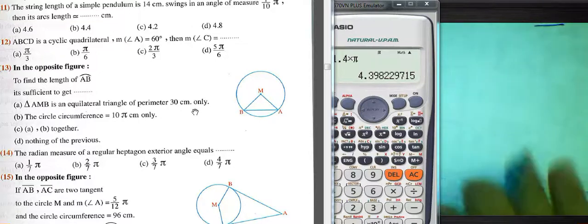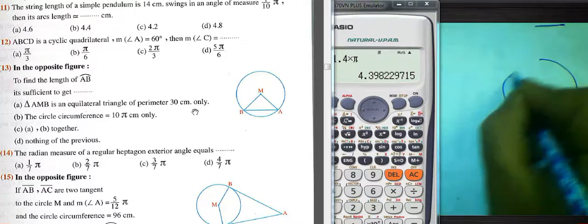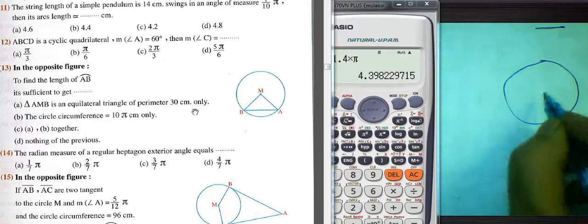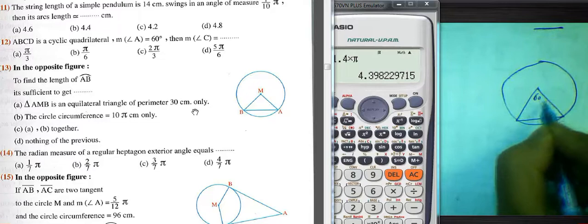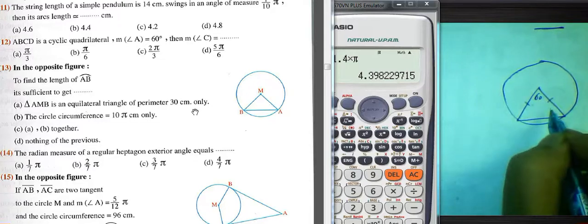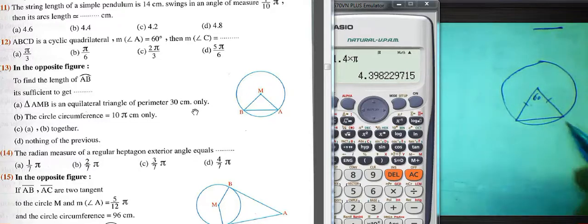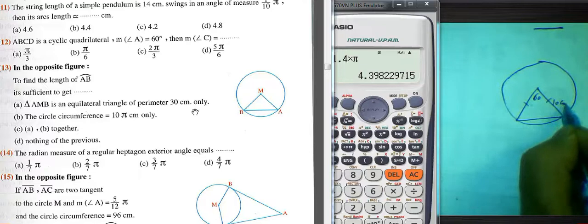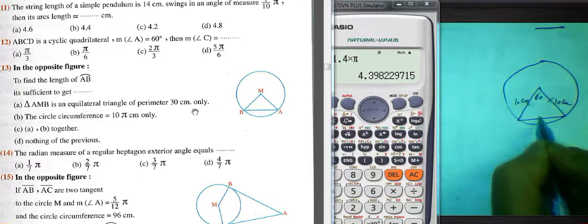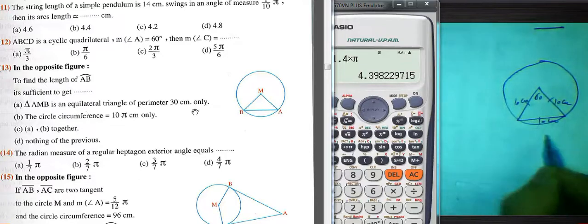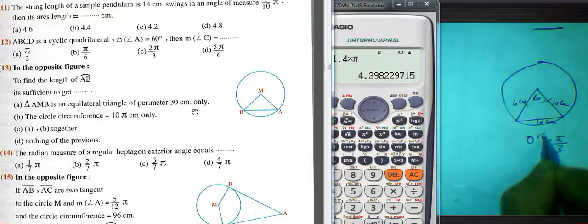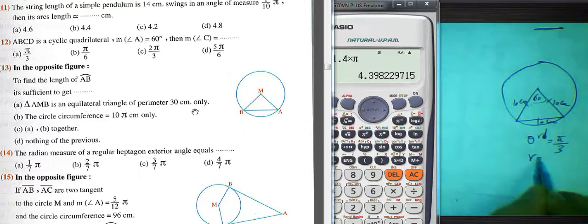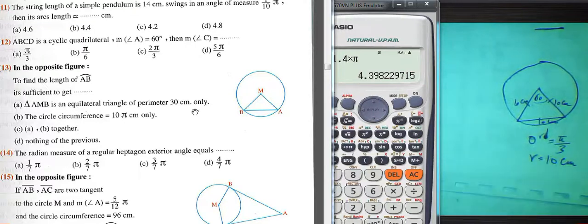It's true, because each angle of an equilateral triangle equals 60 degrees, and the perimeter is 30 centimeters, so each side will be 10 centimeters. So we have theta in radians equal to pi/3, and the radius 10 centimeters.